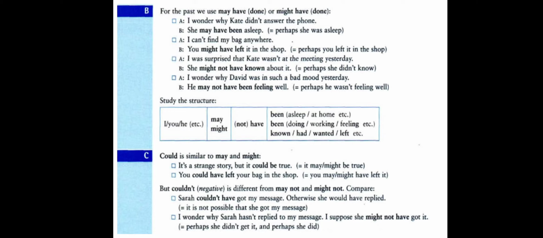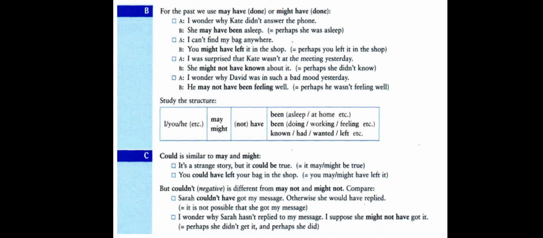I was surprised that Kate wasn't at the meeting yesterday. And here we have yesterday, and we have wasn't, and we have was surprised. All indicate the past situation. So to express possibility, we use possibility in the past.